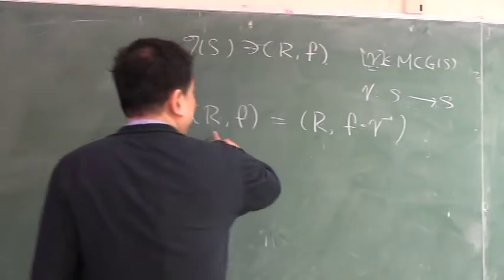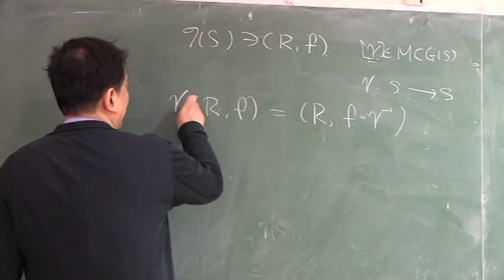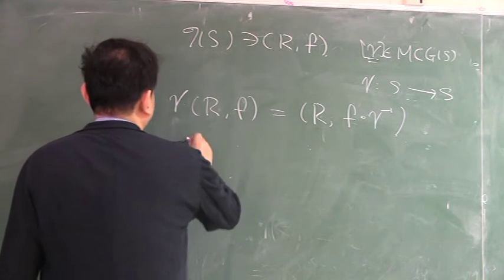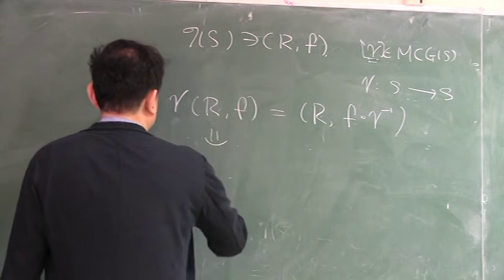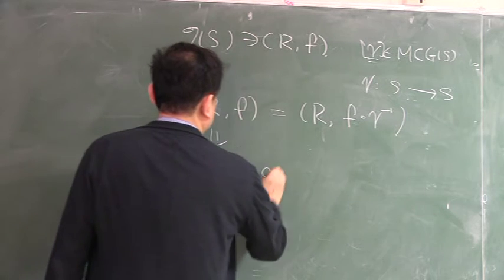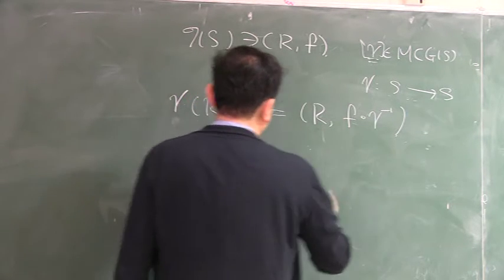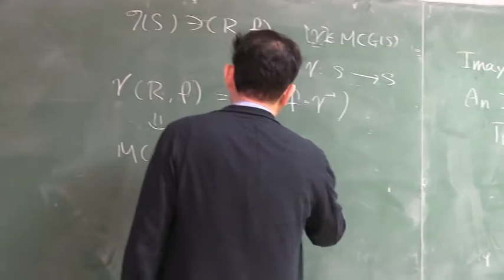So by defining gamma like that, you have an action of the mapping class group on T(S) from the left.